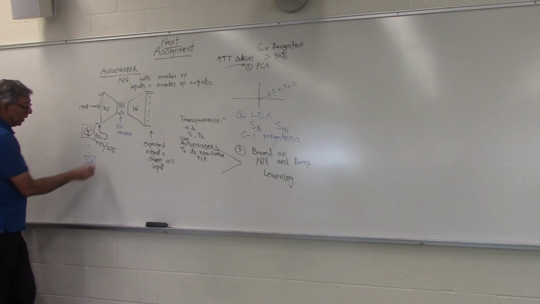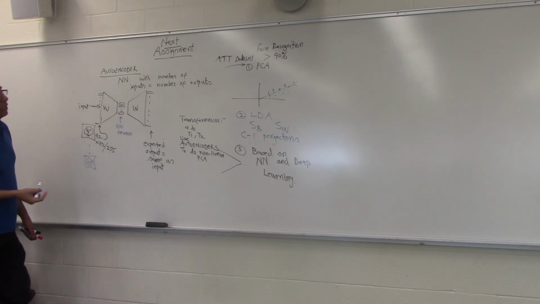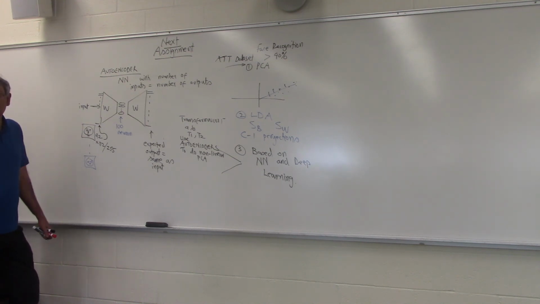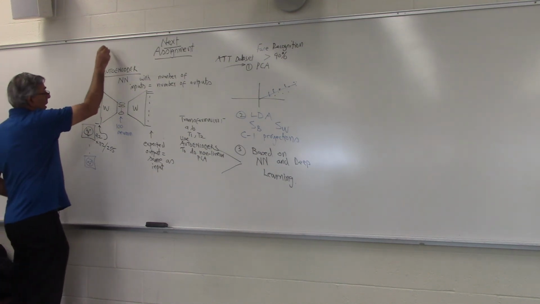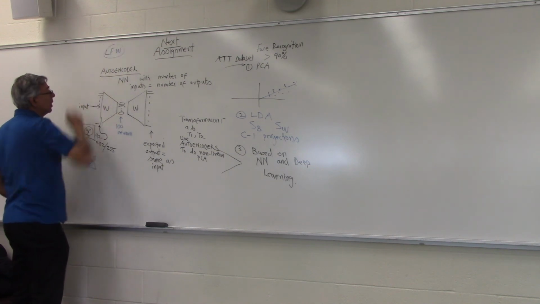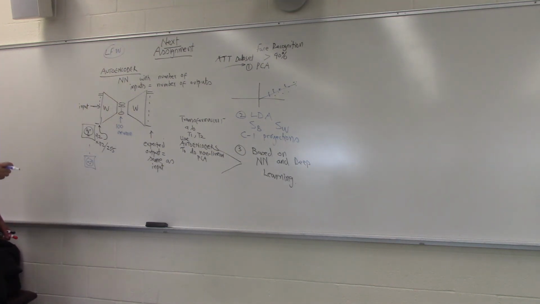For example, if we are operating on the AT&T data set, which is very small, the reason I picked it is so that you guys can run it very easily on your laptops. Otherwise, there's a data set called LFW with, I forgot, 1.3 million faces.